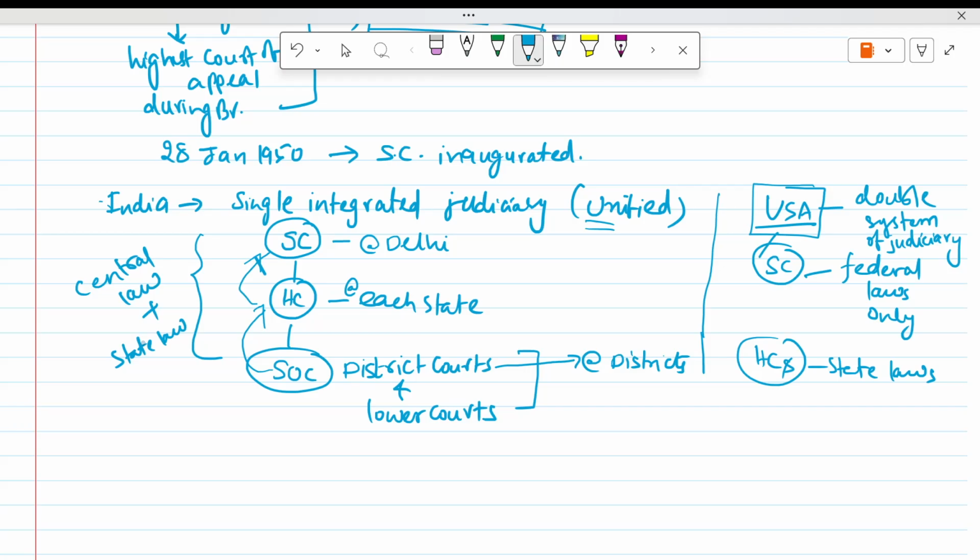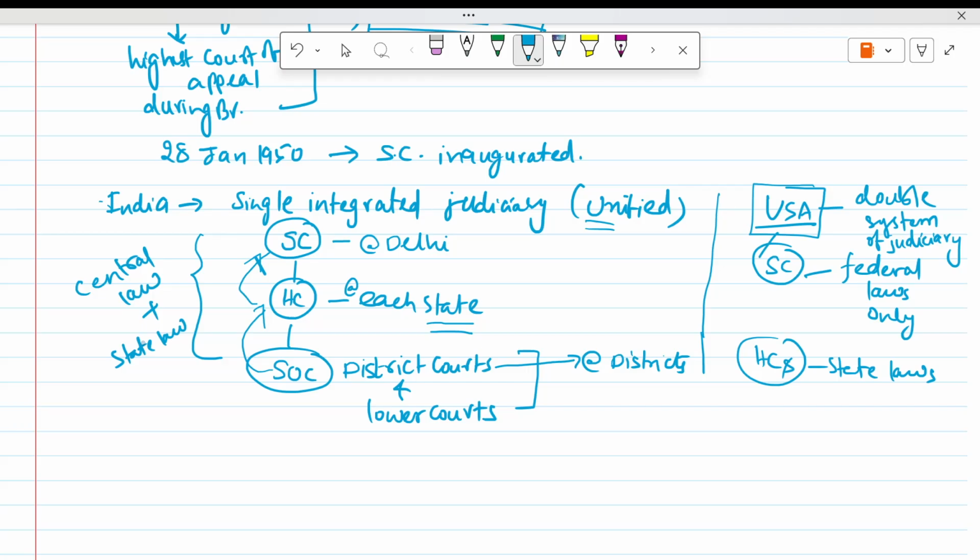But the difference is that the Supreme Court can see disputes throughout India, whereas High Courts can take only up to their state area. For example, the AP High Court has to see only up to AP jurisdiction. Similarly, Chennai, up to Tamil Nadu jurisdiction.